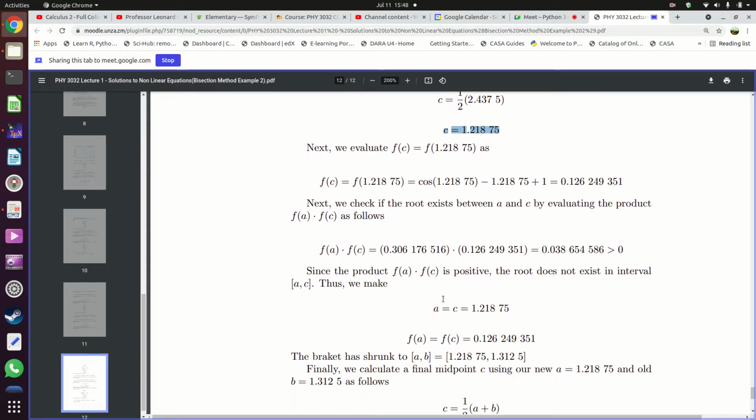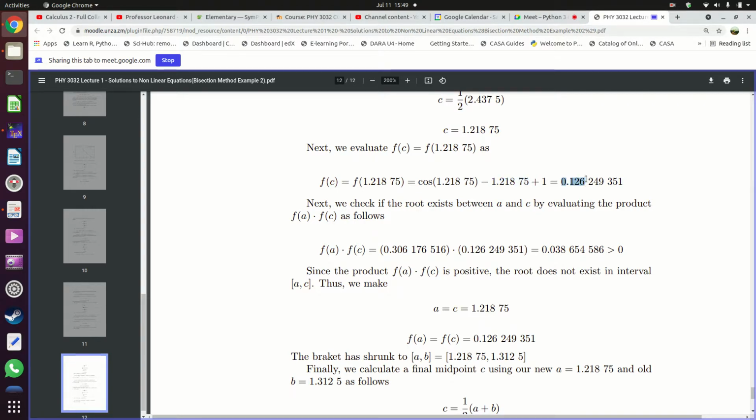With our new value of c, we now check if our function f of c has crossed the x-axis or not. For us to do that, first we need to work out the value of the function at c. So f of c is equal to f of 1.21875, so we get cos 1.21875 minus 1.21875 plus 1.